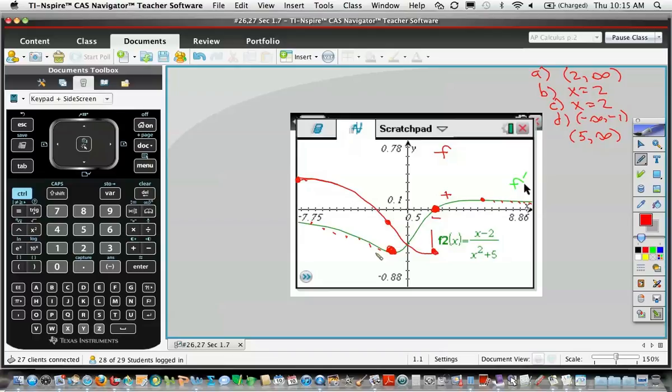Okay? Now my graph has switched to positive and increasing until 5 there. So positive and increasing, my graph should be going up and be concave up. So something like that. Now my graph is positive but decreasing.